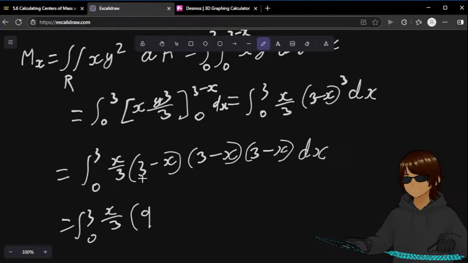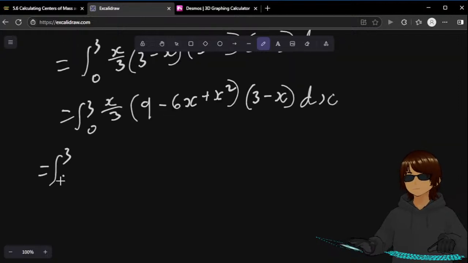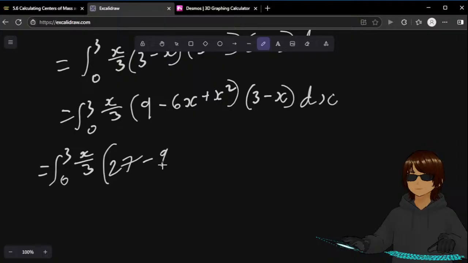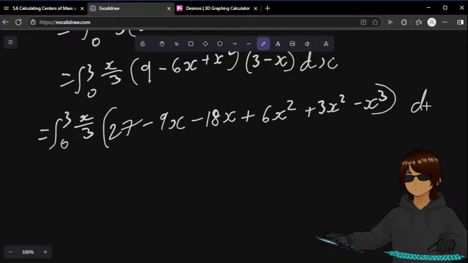339 is 6 plus x. 27, 9x, 18x, and then 6x squared plus 3x squared, minus x cubed, dx.